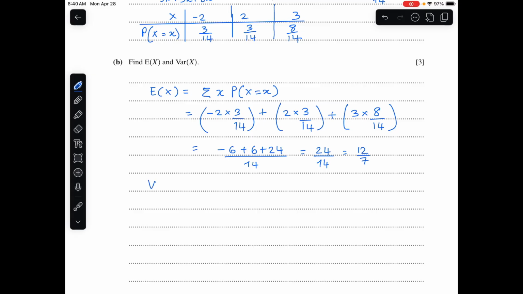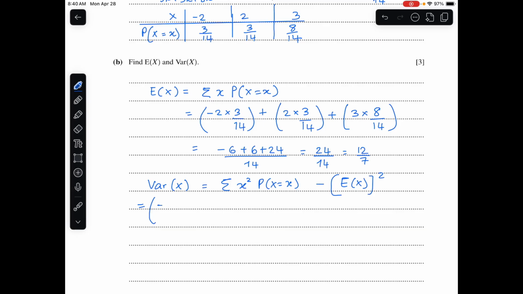Now, the variance of x is going to be E(x squared), the sum of x squared times probability, minus the mean squared, the one which you calculated just now. So you square the x value and multiply it by the probability.